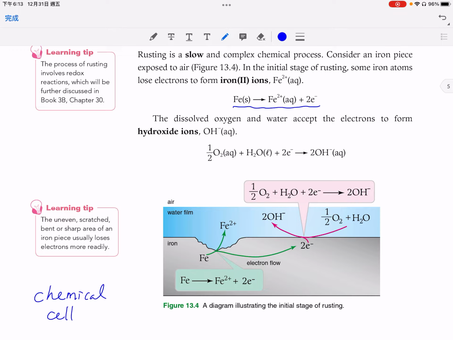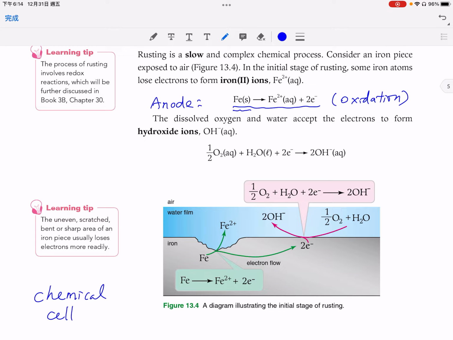Why did I say so? You may find that iron is losing electrons. That means it is undergoing oxidation. And so, this is the reaction that will occur at the anode of a chemical cell.